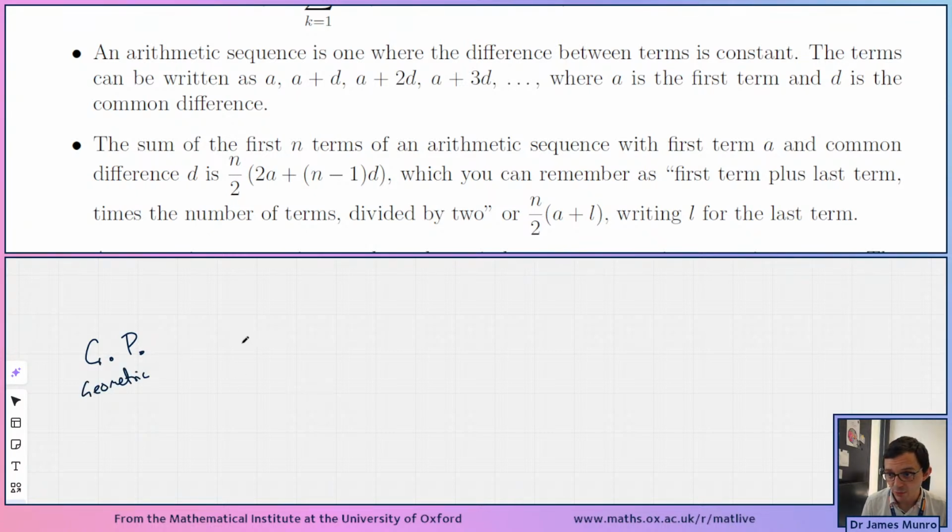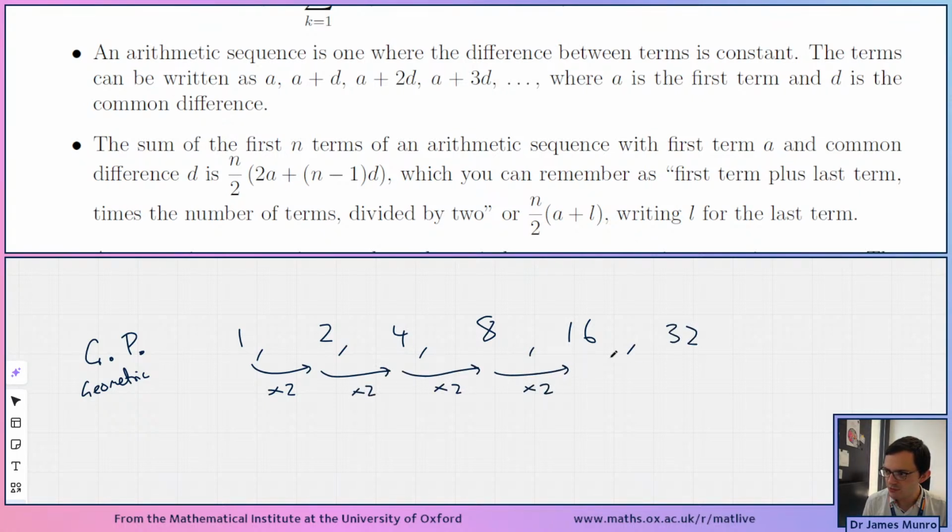And you've met these as well because here's an example. I'm trying to multiply by 2 each time. I would like you to notice that these terms are quite a bit larger than the other ones that we looked at. Times 2, not times 32.